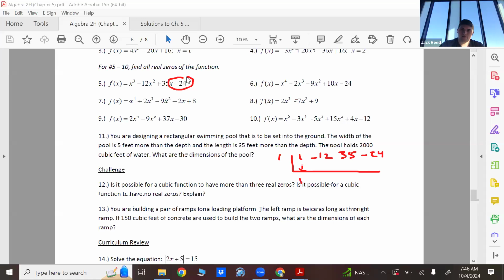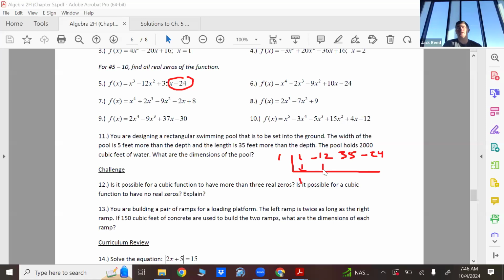Once you have that done, you just start testing and you want 0 at the end. So you have 1 times 1, you get 1. No, what you do is after you multiply the 1 and 1 together, you put 1 right here.